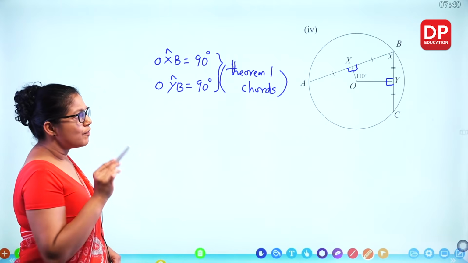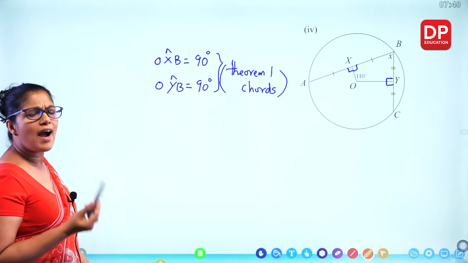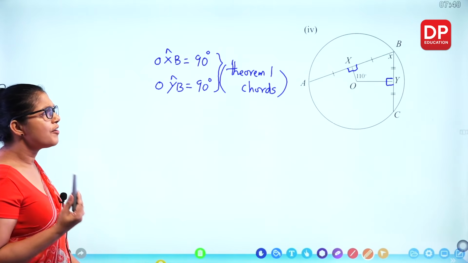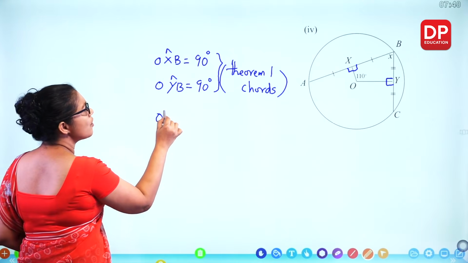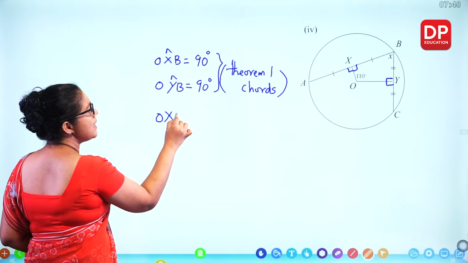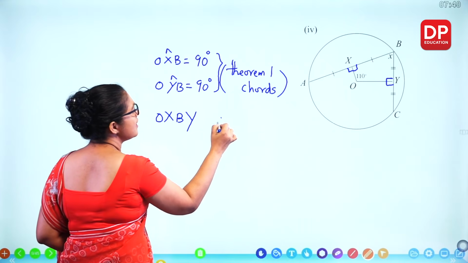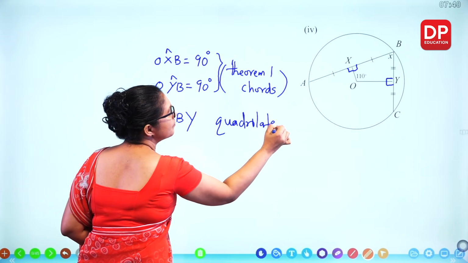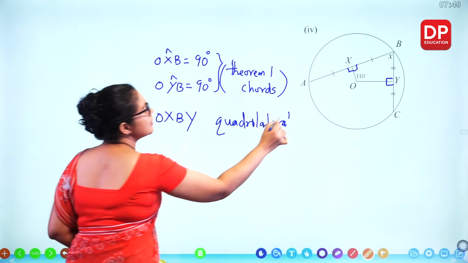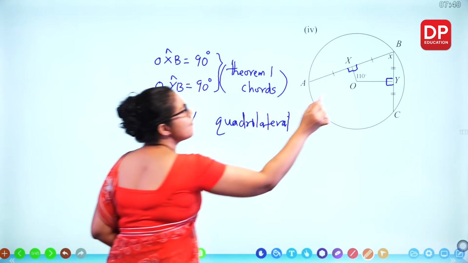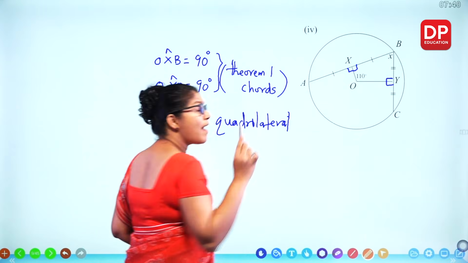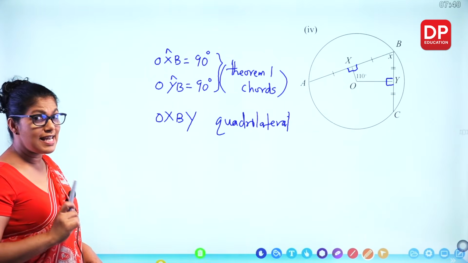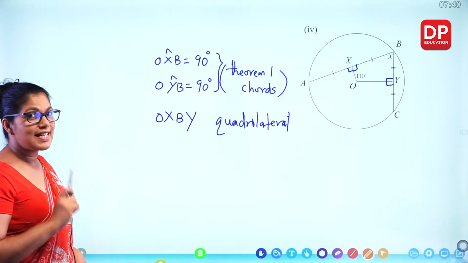Now look carefully. What is OXBY? That's a quadrilateral. So when you look at quadrilateral OXBY, we know the sum of angles in a quadrilateral is 360.